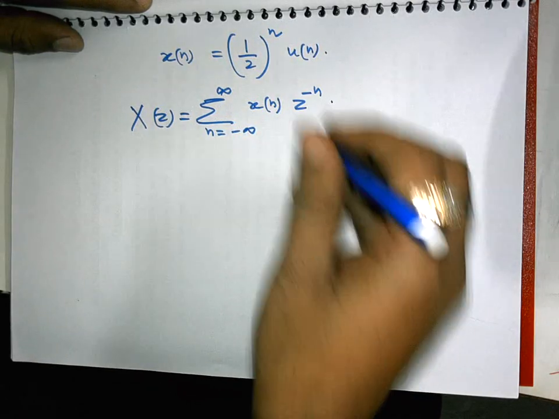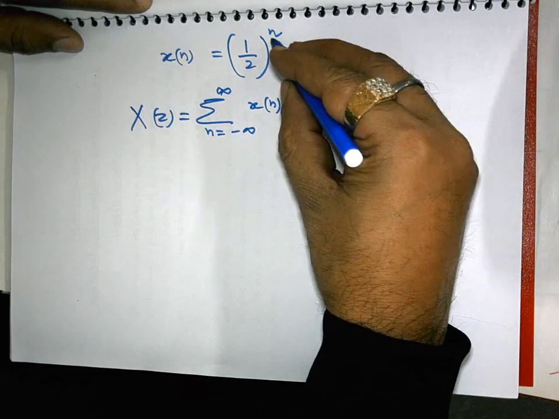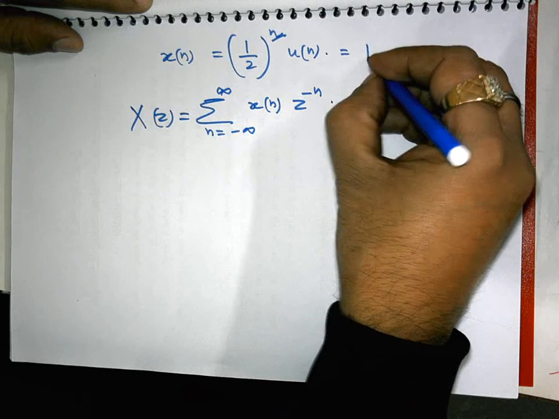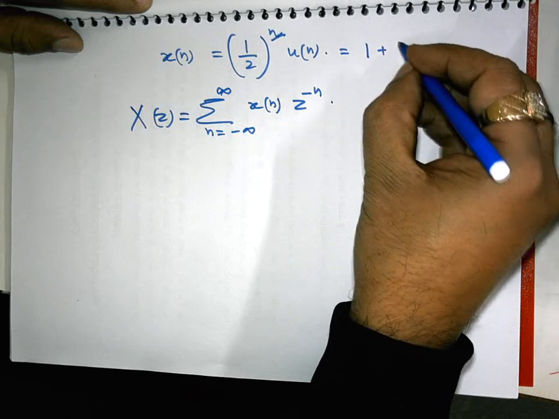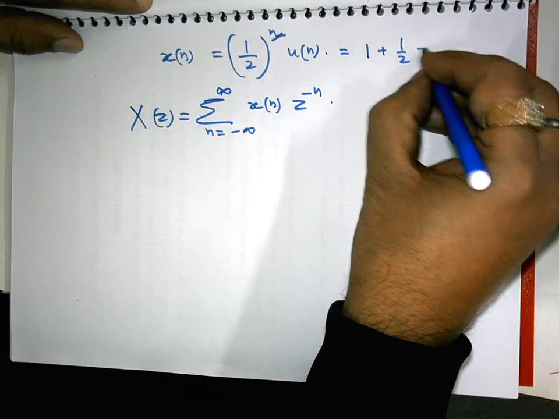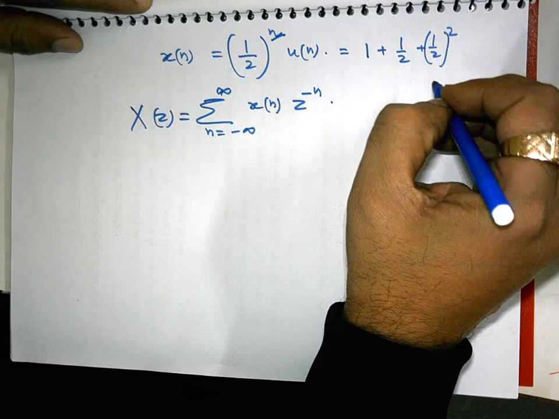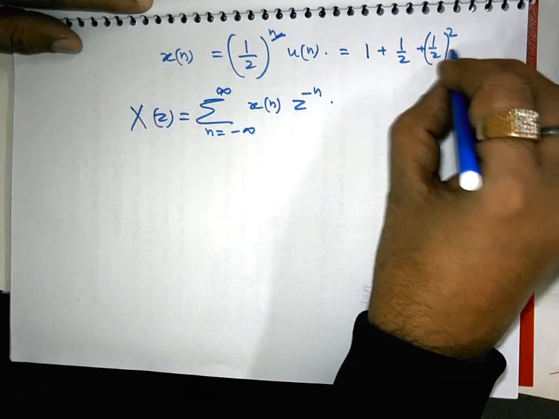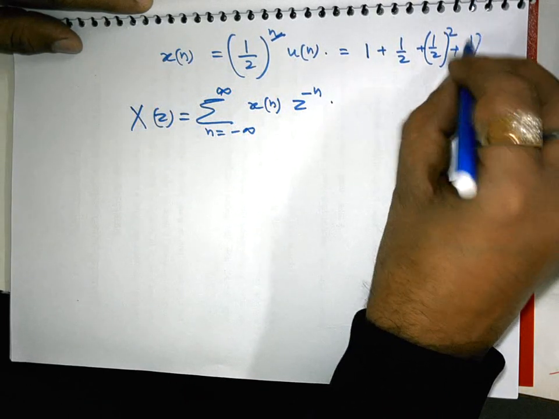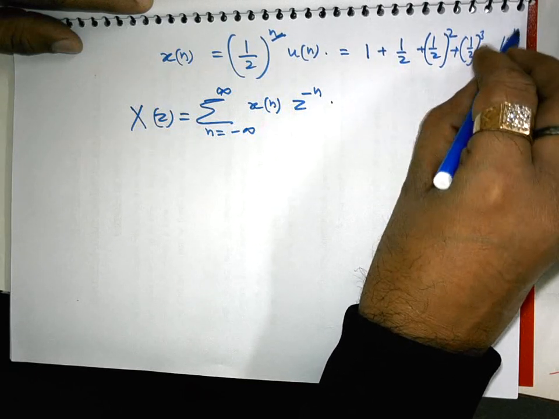And what this x n is, if we expand: for n equals 0, its value is 1. The very first value is 1, then half, then half square, am I right? Then half cube, going this way, half to the power n.